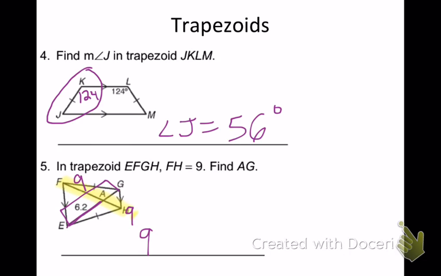If EA is 6.2, what's AG going to be? 2.8. Yeah, 2.8. So I just do 9 minus 6.2, and I get 2.8. A lot of you are trying to think of centroids where you're dividing by 3. That's where we're coming up with that. That's for centroids, not for trapezoids. So that's just understanding diagonals have to be the same, so I add or subtract and I can find that missing part.